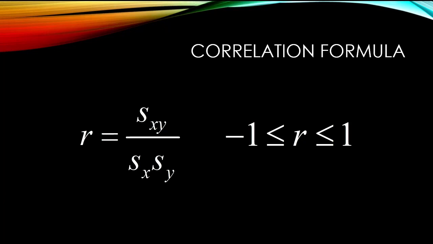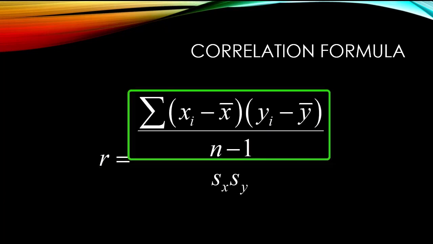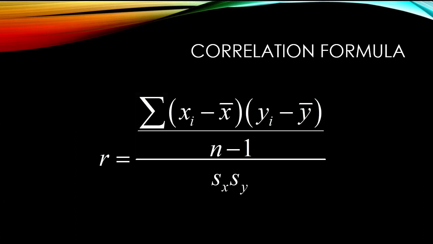Let's look at the correlation formula a different way. Here I have put the definition of covariance in place of the symbol for covariance. What if we were to divide the deviation score for the x variable by the standard deviation of the x variable, and divide the deviation score for the y variable by the standard deviation of the y variable?